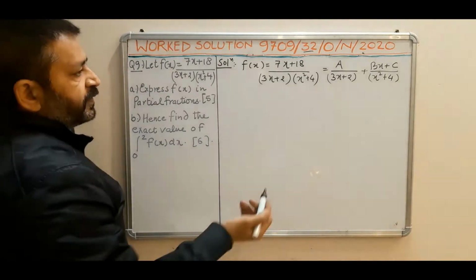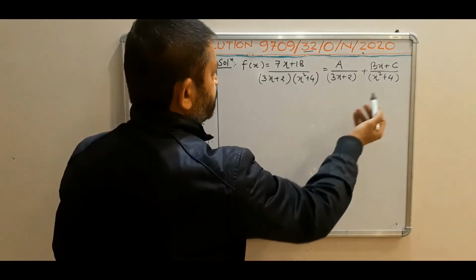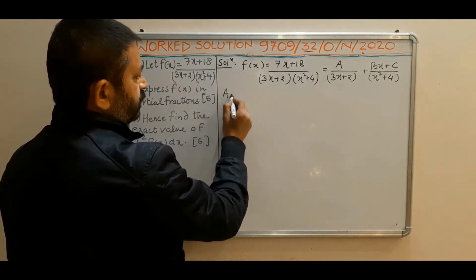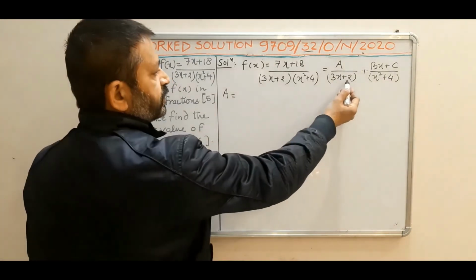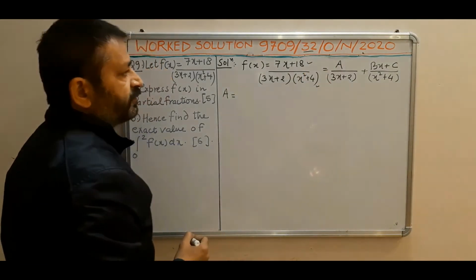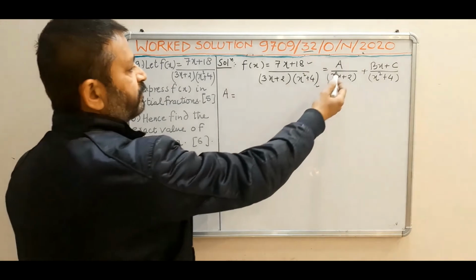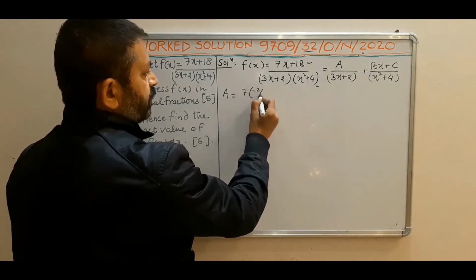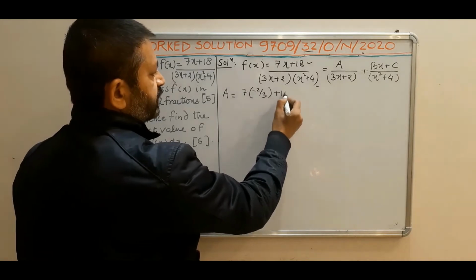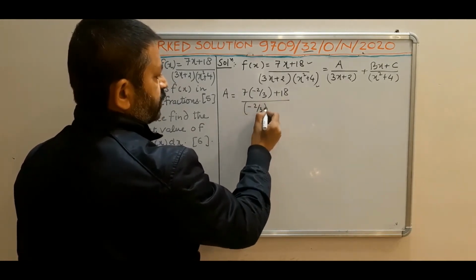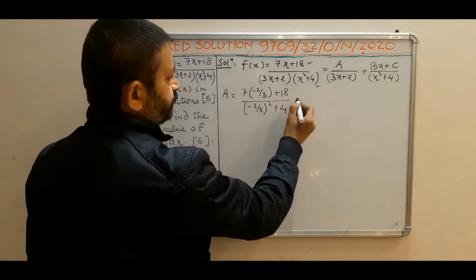Now there are two or three ways to calculate the values of A, B and C. What I prefer to solve for A, just put x equals minus 2 by 3 in this expression to get the value of A. This is the quick method. So A will be (7 times minus 2 by 3 plus 18) upon ((minus 2 upon 3) square plus 4).